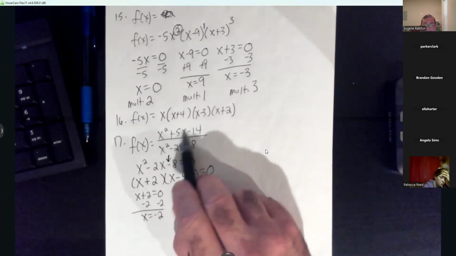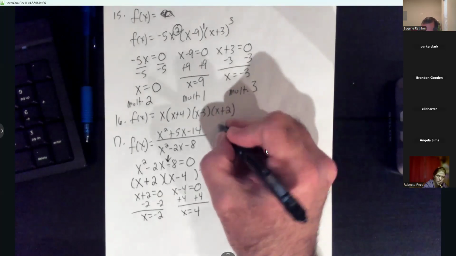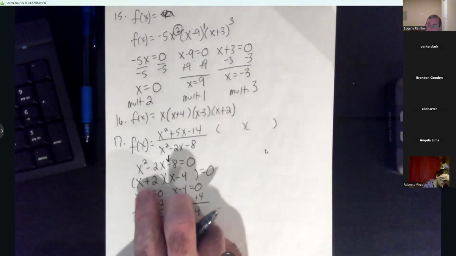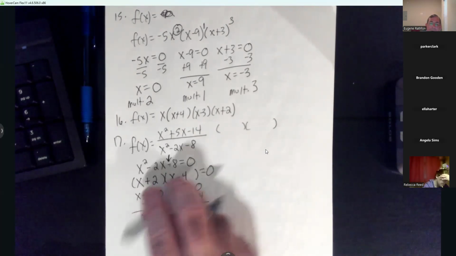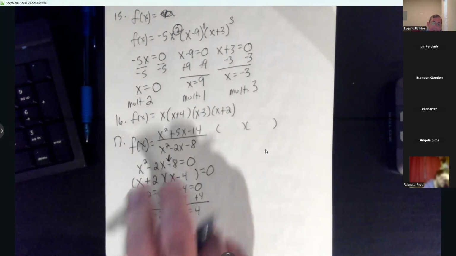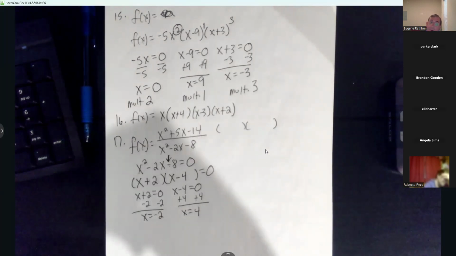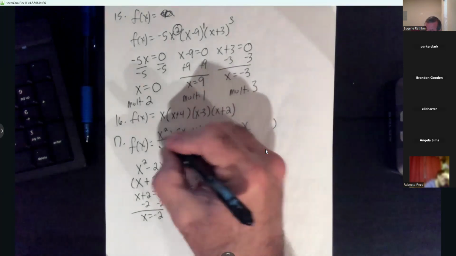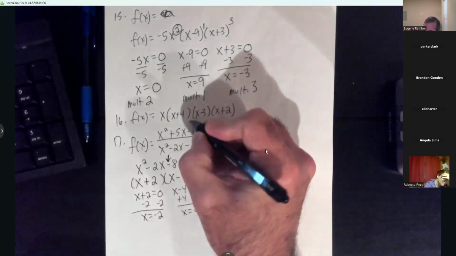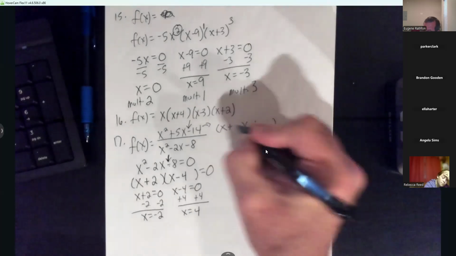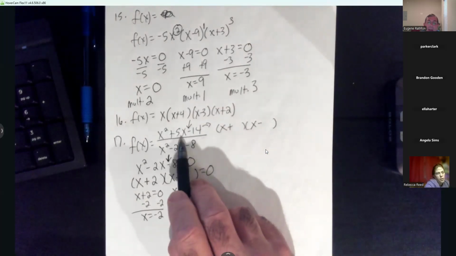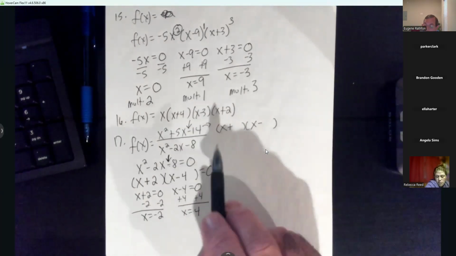Now, since this one had this stuff on top, I'm going to factor it real quick and make sure these factors don't match these ones. Because remember, if the factors on top match the factors on bottom, it cancels out one of your vertical asymptotes. So doing the top one here, x and x, the last number is negative, so you got unlike signs. Factors of 14 that give 5 would be 7 and 2.